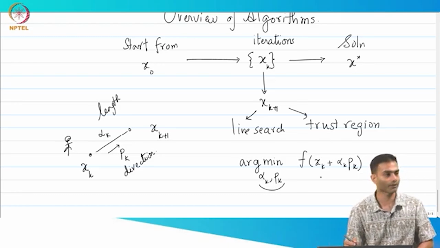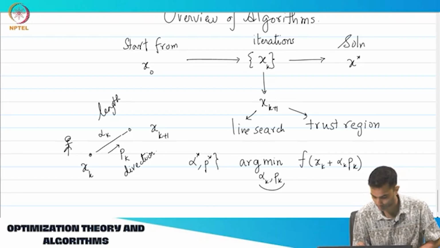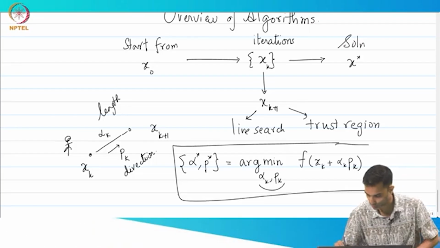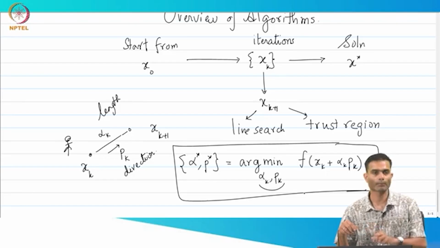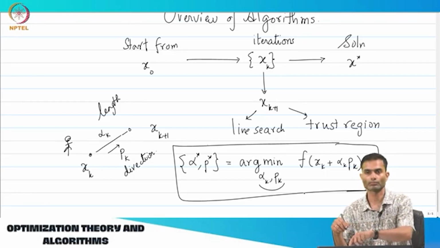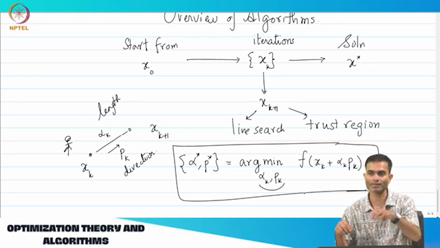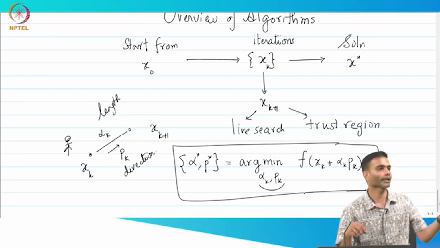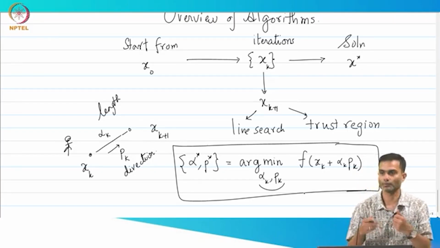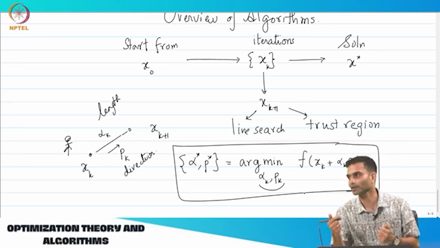They are alpha k and pk, and you would write this as alpha star, p star equal to this. At each step I need to solve this optimization problem. Argmin means tell me the arguments which minimize this function. Those are the alpha star and p star that I use to go from xk to xk plus 1. That is the meaning of this.